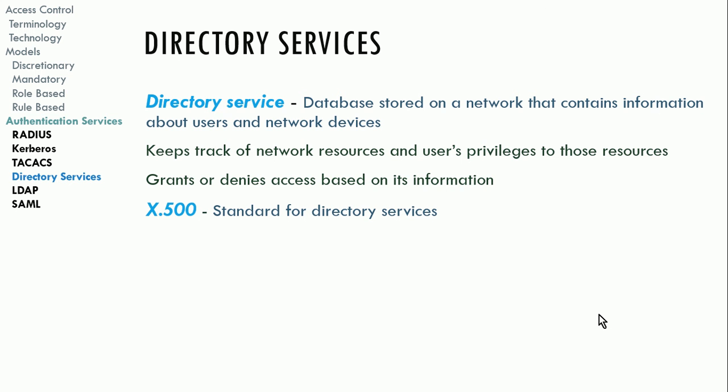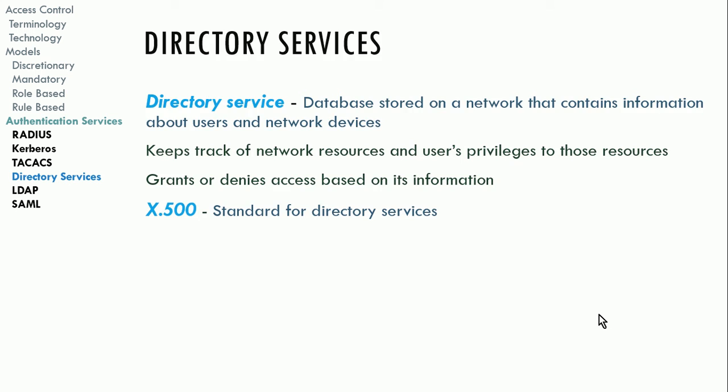There's an old standard, X500, which is the standard for directory services, and Active Directory is a real-world implementation of it. It works well, a lot of people use it, and like I said, they probably have 90% market share. Active Directory is a perfect textbook example of directory services.